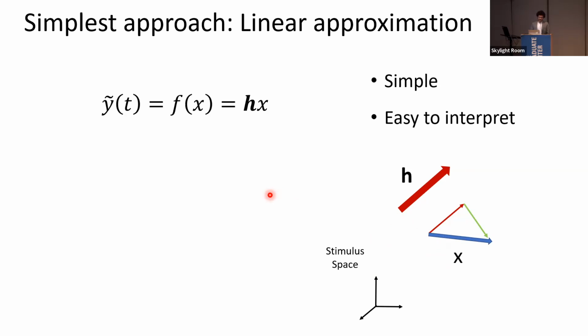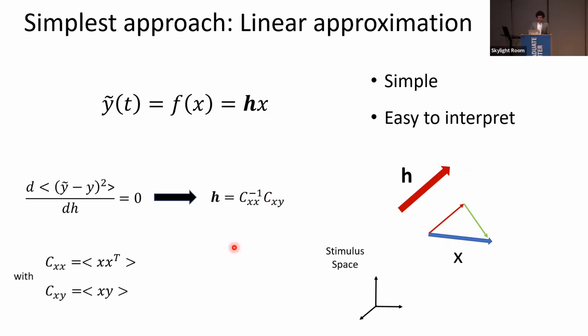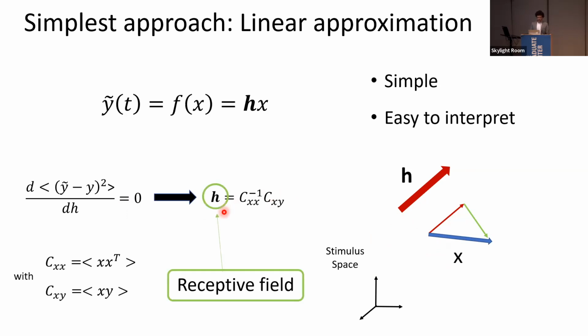And luckily, it's easy to find an optimal solution for H that we will call from now on the receptive field, and you will understand in a second why. This solution takes the form of basically a weighted average of the stimulus by the response, normalized by the autocorrelation function of the stimulus.